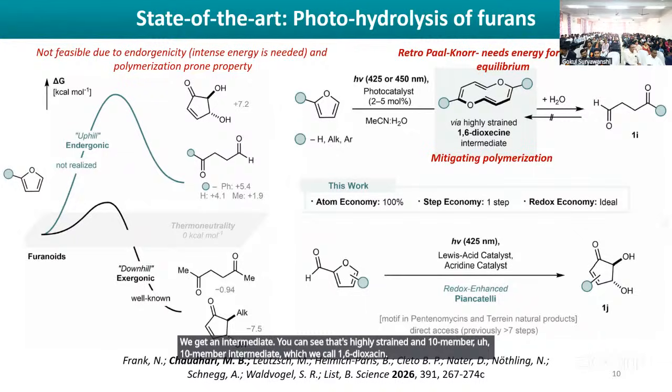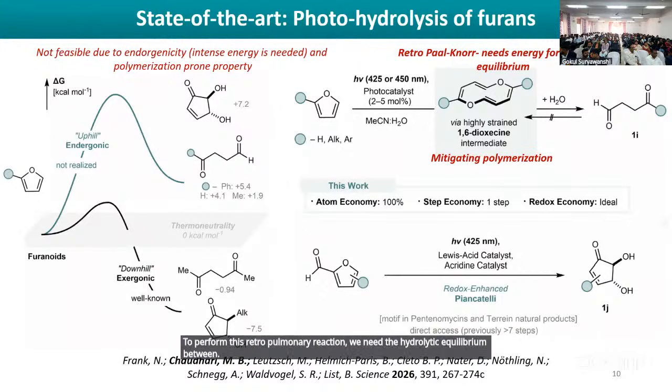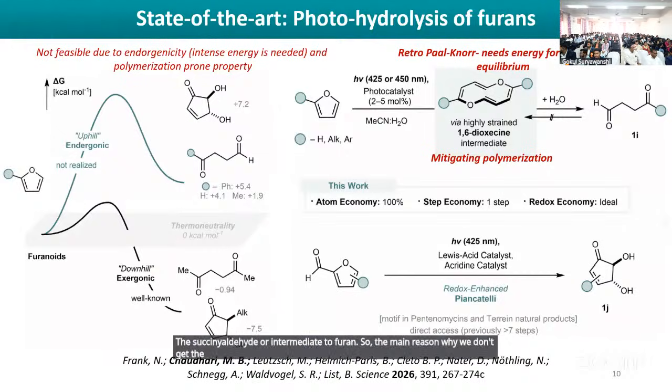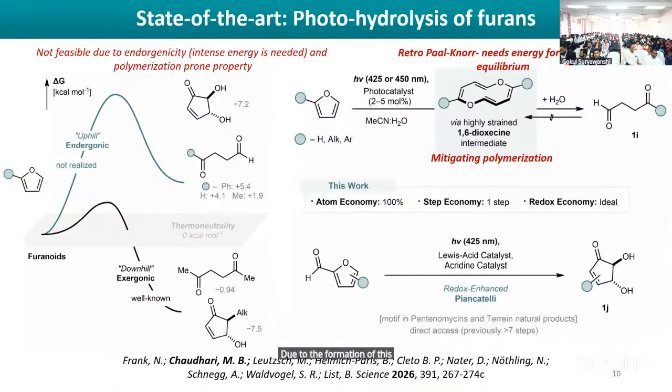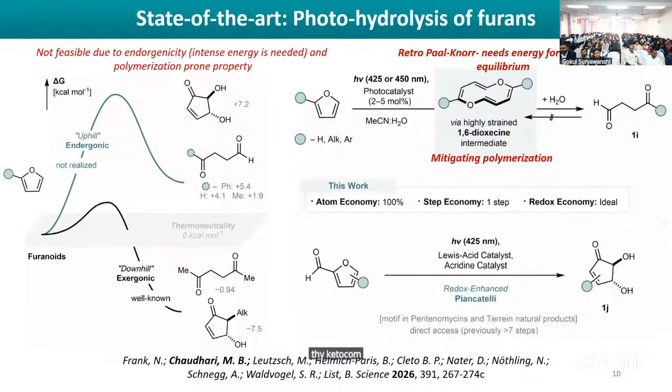To perform this retro-Paal-Knorr reaction, we need the hydrolytic equilibrium between the succinaldehyde or intermediate and furan. So the main reason why we don't get polymerization in this reaction is due to the formation of this 10-member intermediate. This stops the polymerization and it simply undergoes hydrolysis to give the 1,4-diketo compound or succinaldehyde.